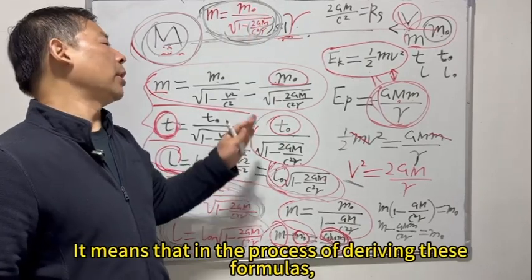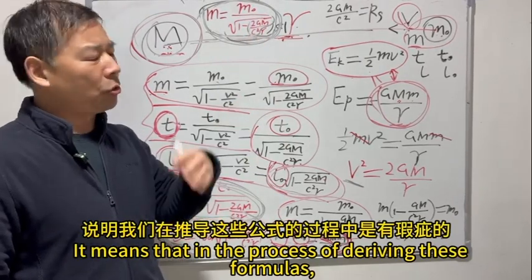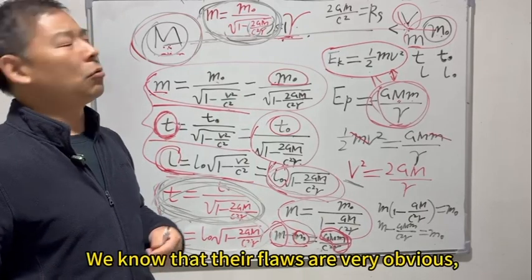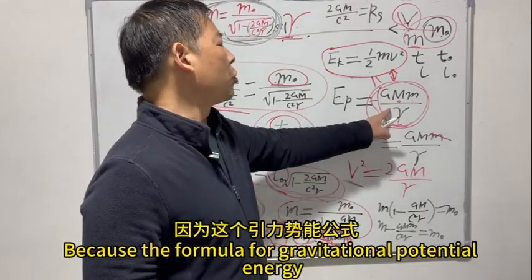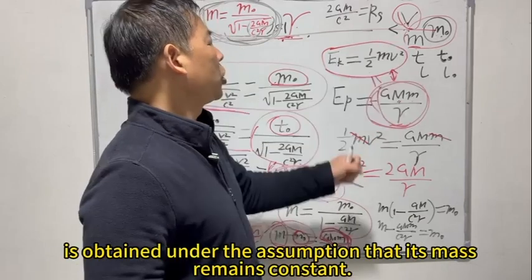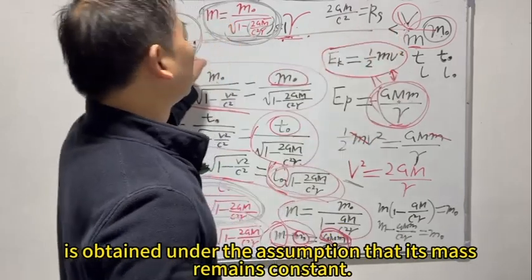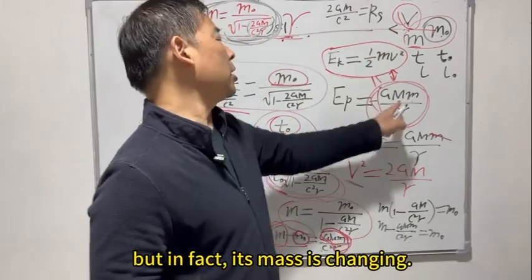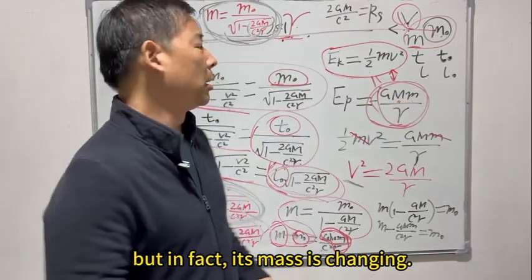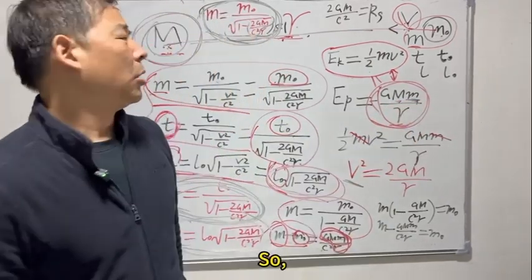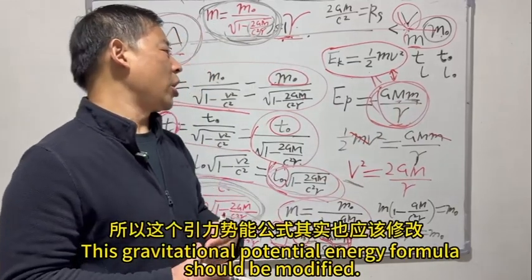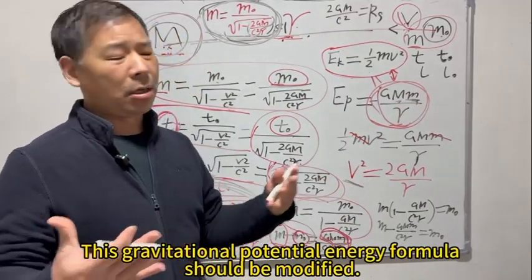It means that in the process of deriving these formulas, there are flaws. We know that their flaws are very obvious, because the formula for gravitational potential energy is obtained under the assumption that its mass remains constant, but in fact, its mass is changing. So this gravitational potential energy formula should be modified.